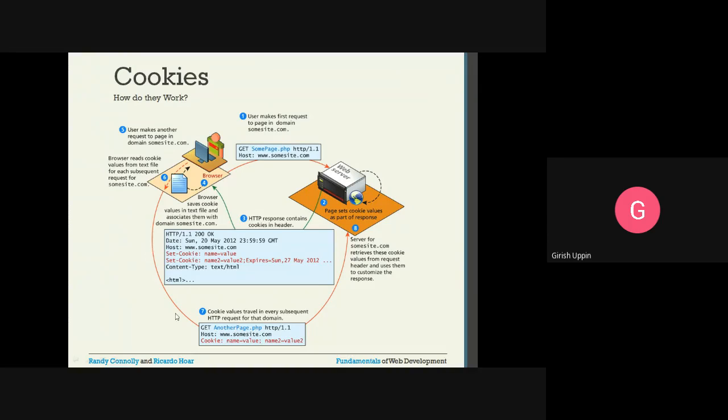And when the user clicks on pay, all the cookies that are set will be sent back to the server. So when the server looks at that cookie information, it will come to know who the user is, what he is requesting, and what he wants to do, and accordingly it will do the further payment. If it is a payment, then it will do the payment.